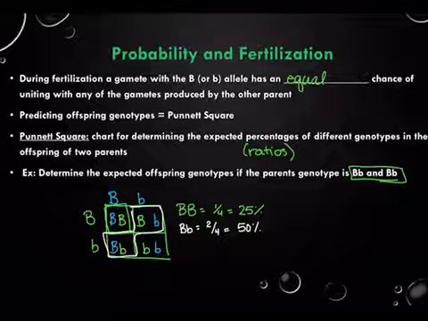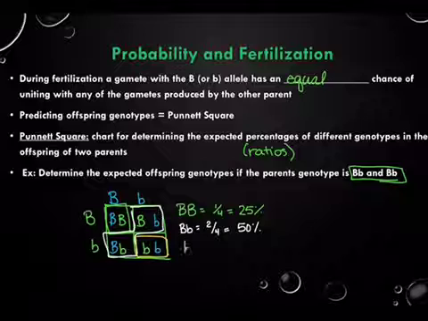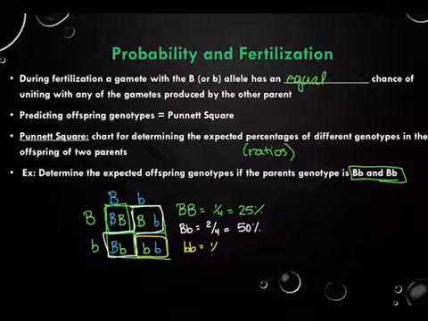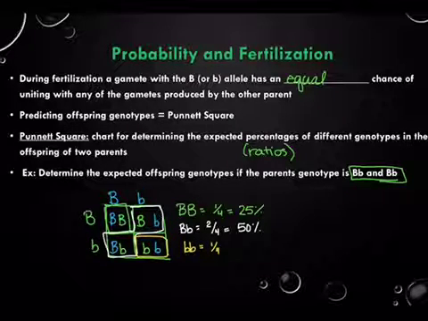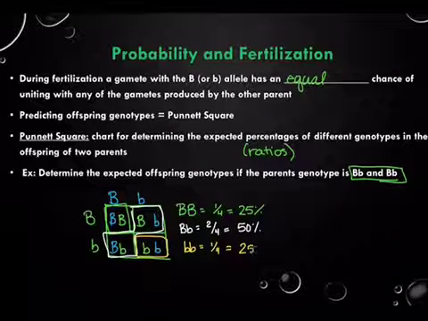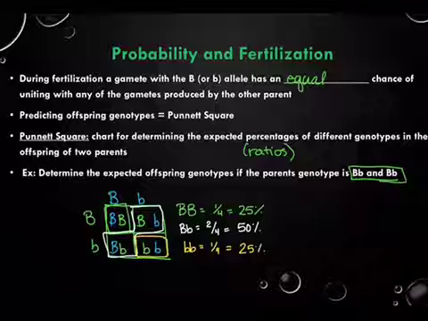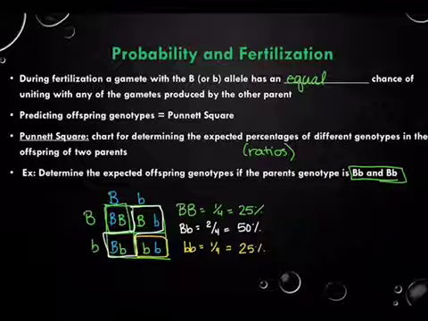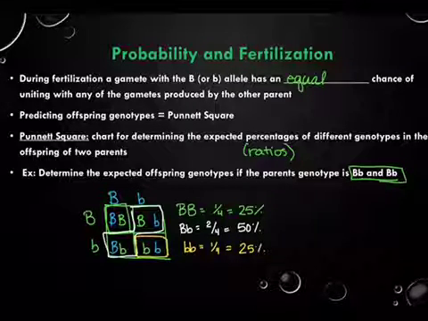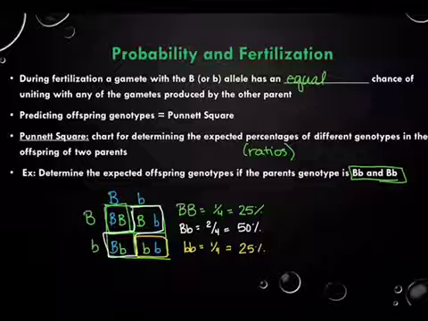Lastly, the last box is the homozygous recessive genotype, again 1 of the 4 boxes, which is 25%. That's what helps us determine expected genotypes for offspring.